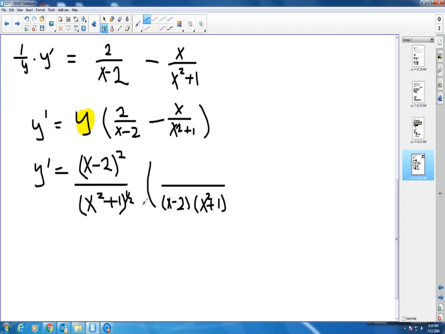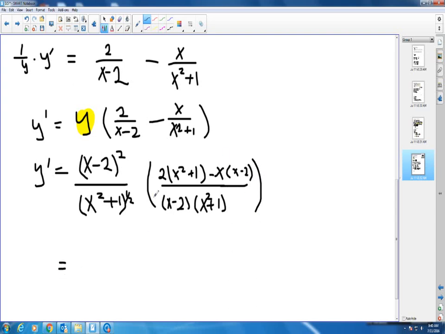The reason I write x squared plus 1 as a half power is because I got another x squared plus 1 here. In a minute I'll actually put them together. So the LCD is x minus 2 times x squared plus 1. My first denominator is missing x squared plus 1, so that'll be 2 times x squared plus 1, minus x times, the second denominator is missing x minus 2, so negative x times x minus 2.